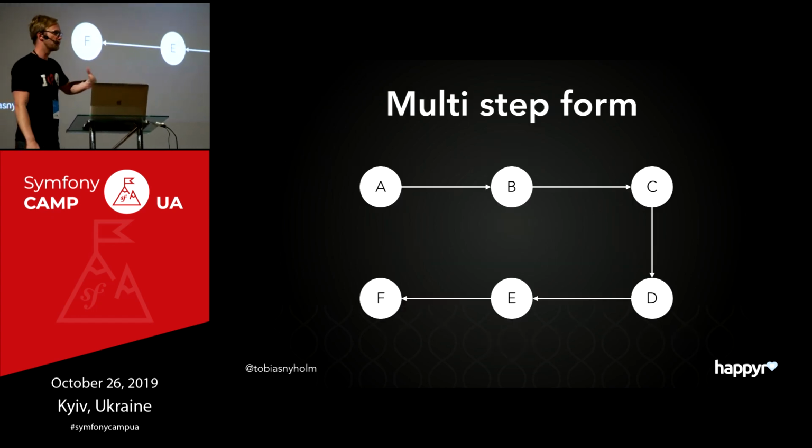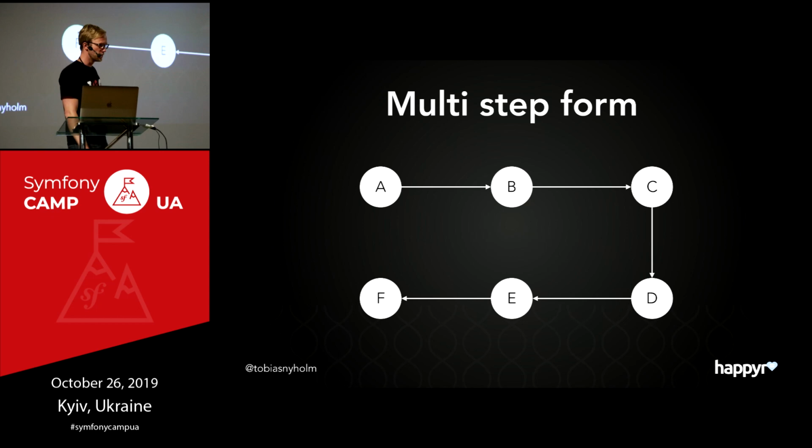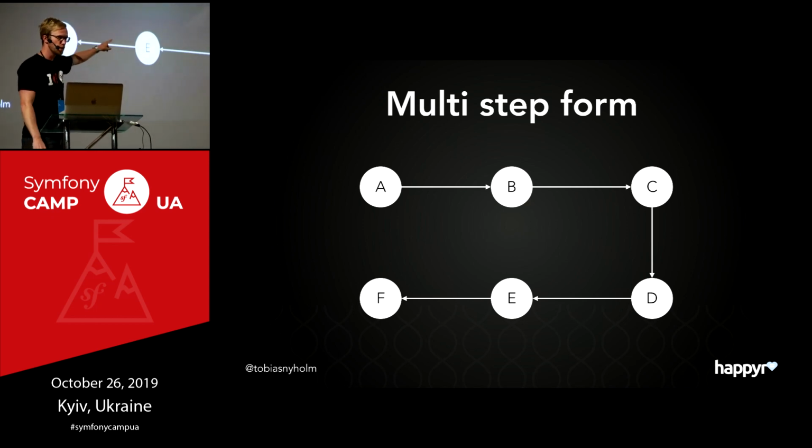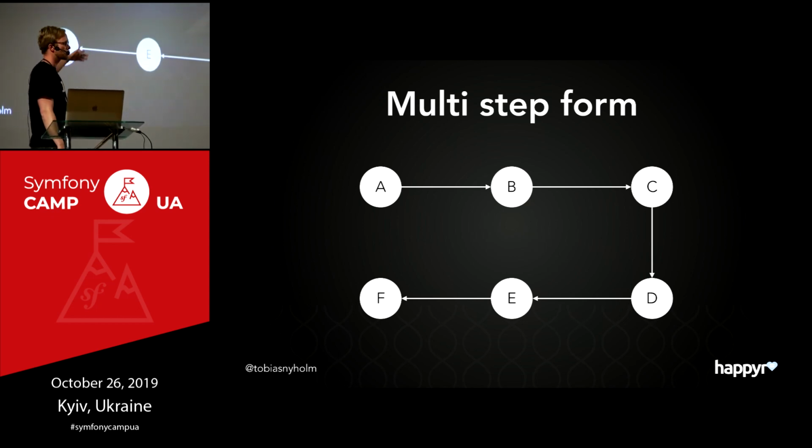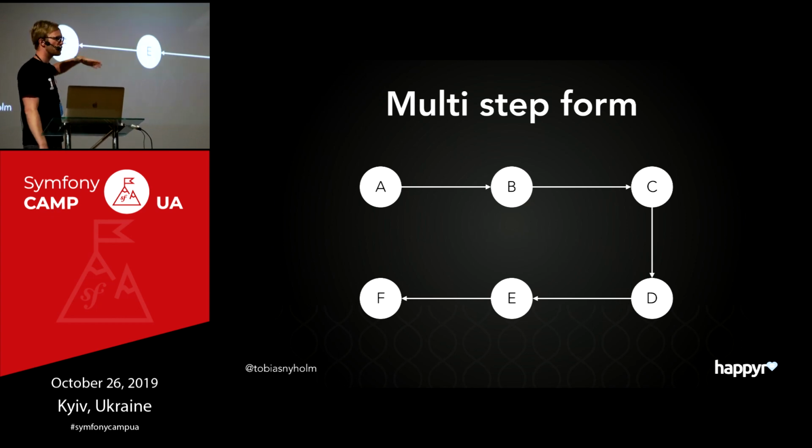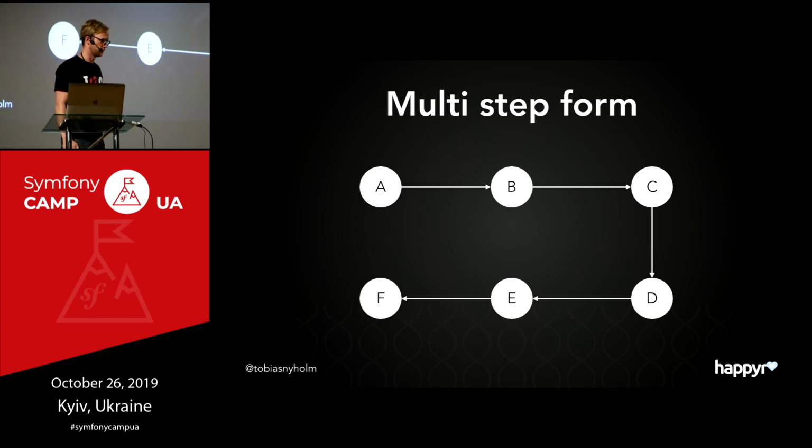You can also have state machines with forms. Like say you have a multi-step form, and you can have a state machine that keeps track of the last completed step. So if the user goes to A, B, C, and then leaves your site for a while, when they come back, you can say, hey, you should go to step C. So this could be a controller action in your application.